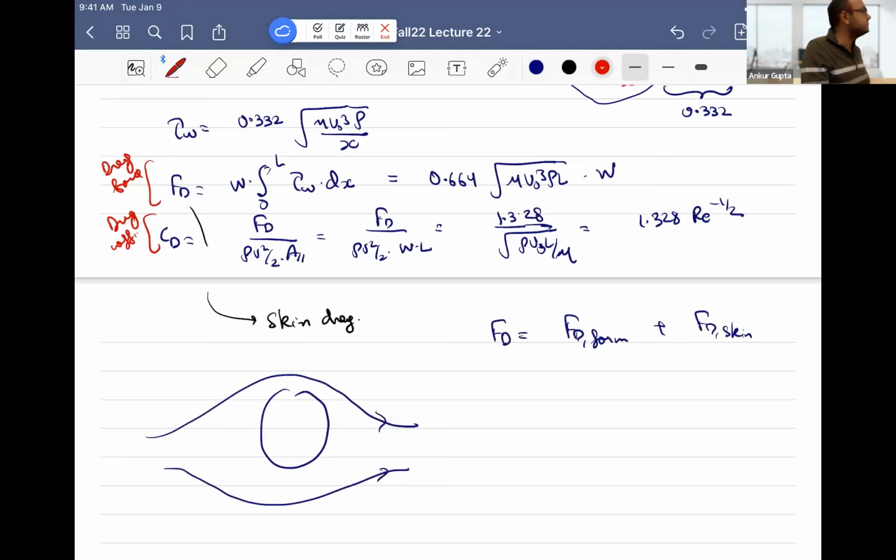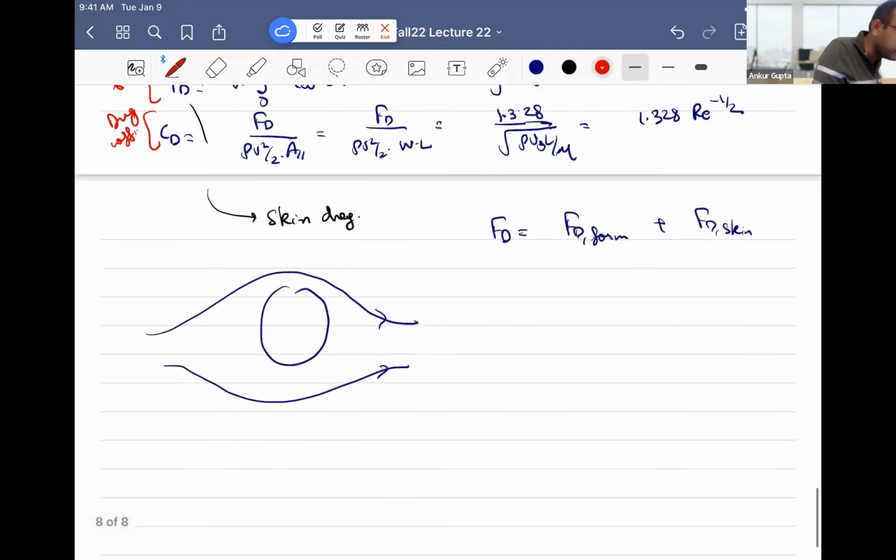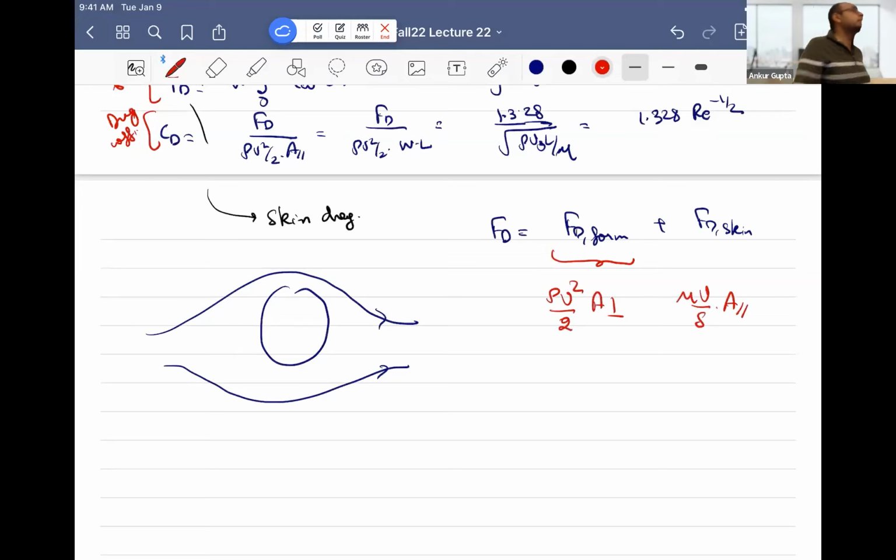Again, physically understanding this is probably the most important thing here: this form drag is like rho u squared by 2 times A perpendicular, whereas skin drag is mu u by delta times A parallel. Okay. So what have I done here? I'm saying there's a form drag, which is because of pressure. Okay. And this is because of shear.